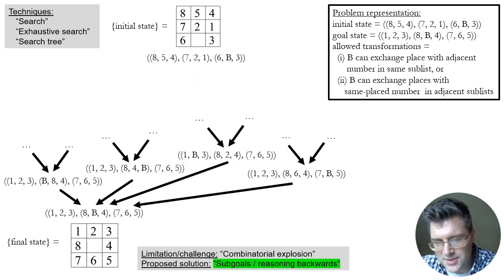One particularly interesting and important subset of these heuristics is something called using sub-goals or reasoning backwards. Now, with this problem, it's a little hard to see. I don't think there's really any computational or efficiency advantage in reasoning backwards rather than forwards.